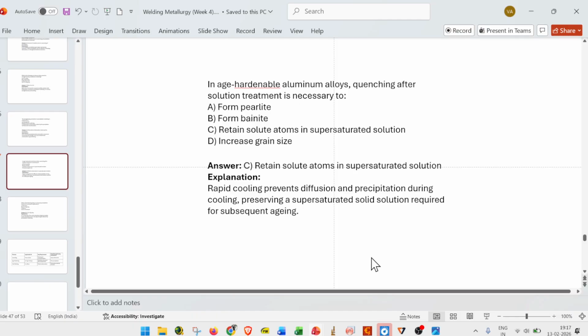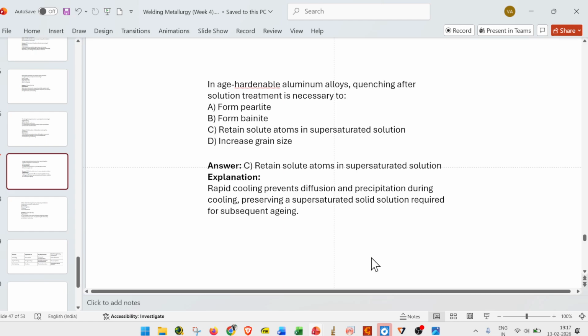Next, in age hardening of aluminum alloys, quenching after solution treatment is necessary to: form pearlite, form bainite, retain the solute atoms in a supersaturated solution, or increase the grain size. Pearlite and bainite only form in iron alloys, and retard supersaturation formation.